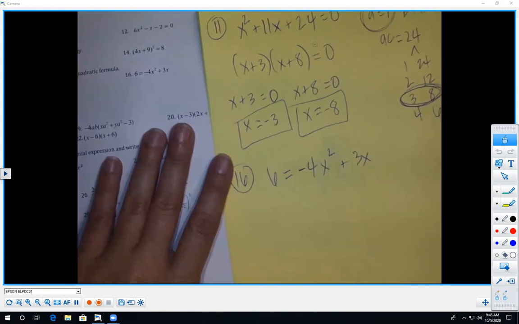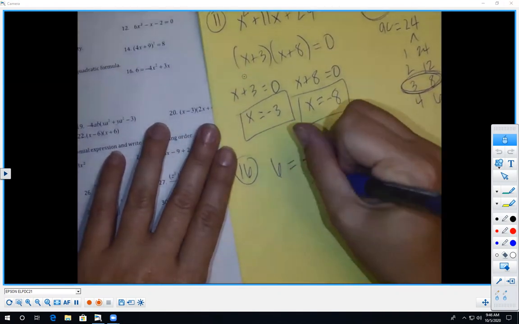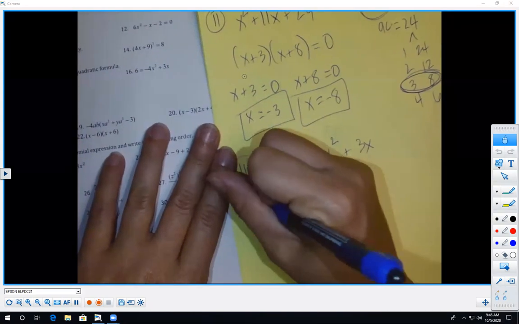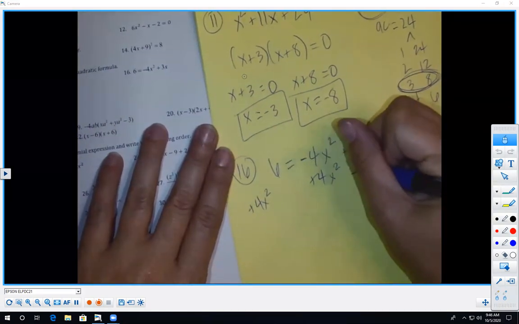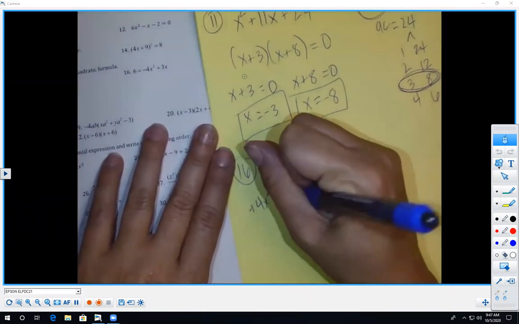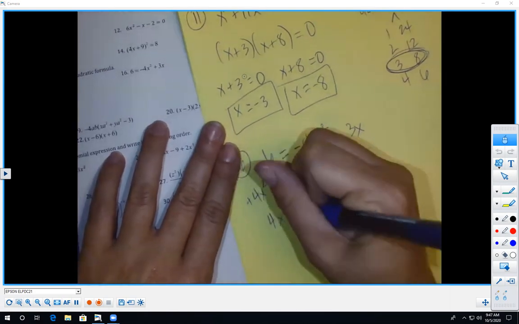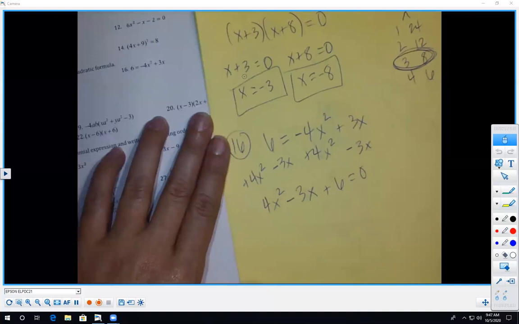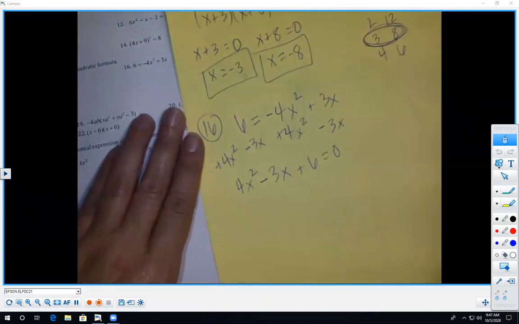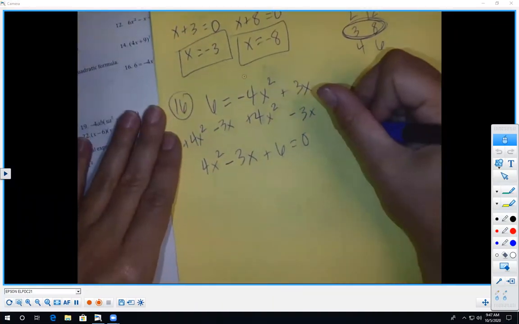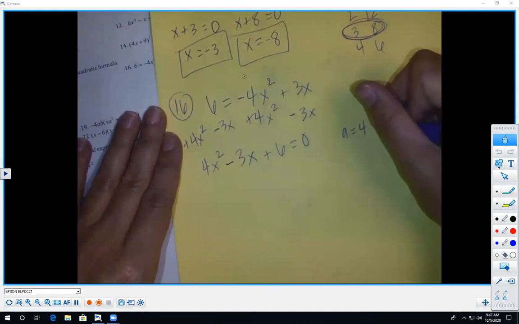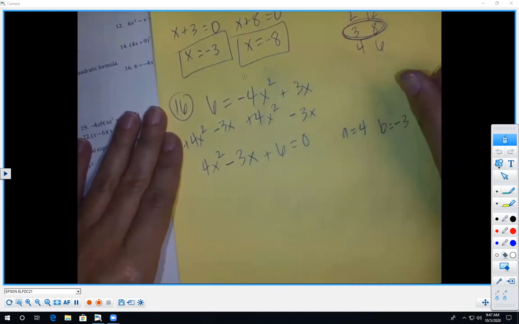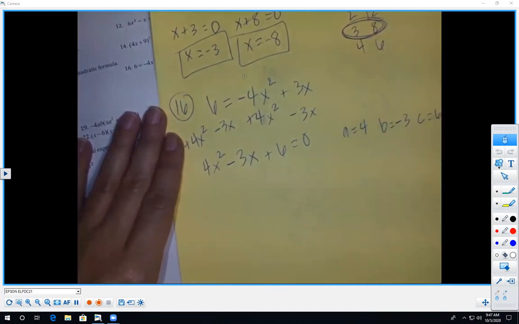So I'm going to add 4x squared and subtract 3x. So I get 4x squared minus 3x plus 6 equals 0. So my A value is 4, B is negative 3, C is positive 6.